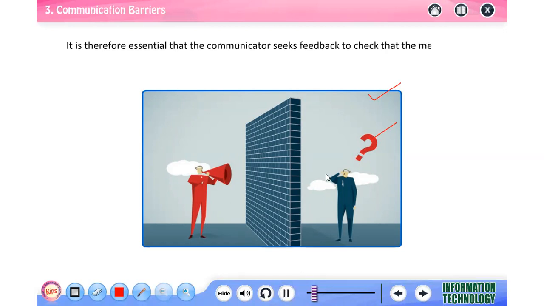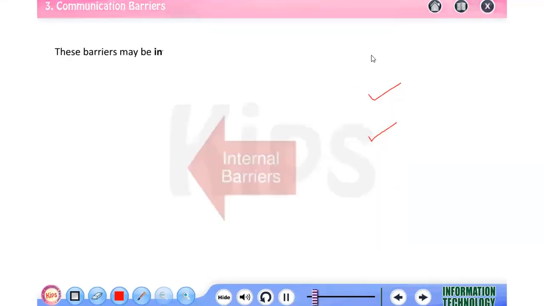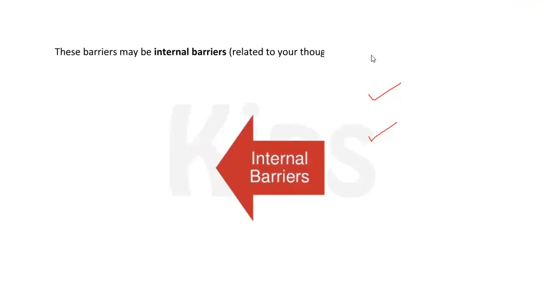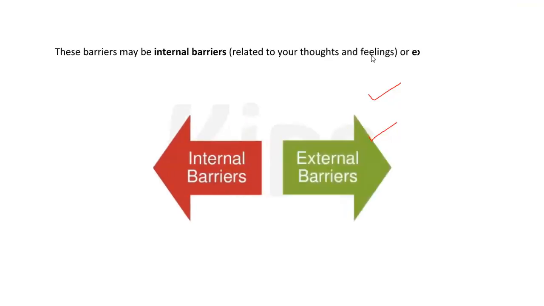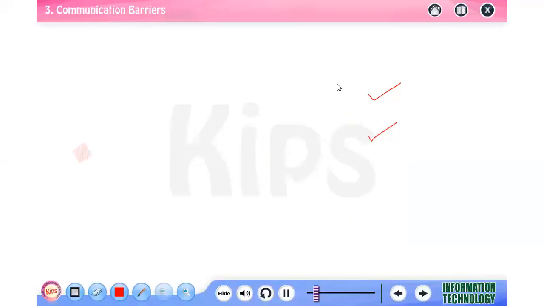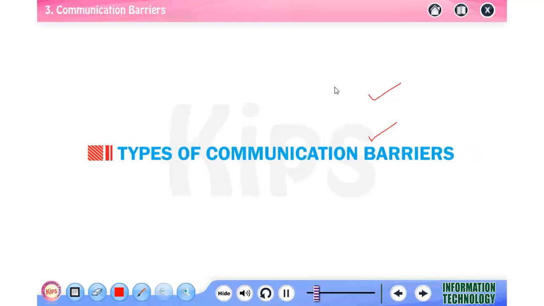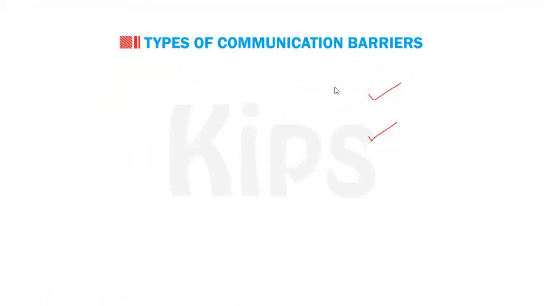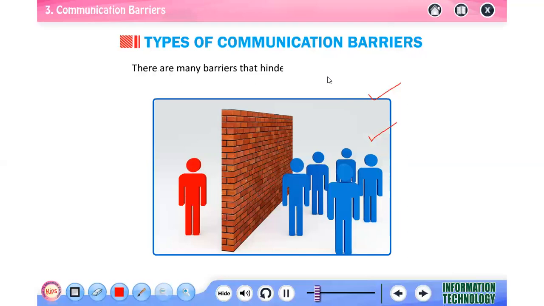To check that the message was clearly understood. These barriers may be internal barriers related to your thoughts and feelings, or external barriers. First, let us learn about types of communication barriers. There are many barriers that hinder our ability to communicate.